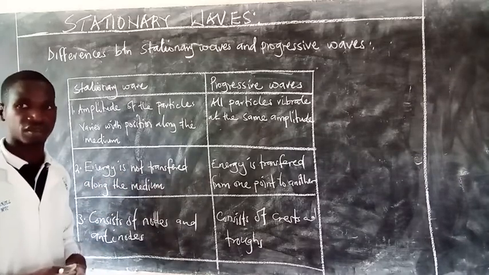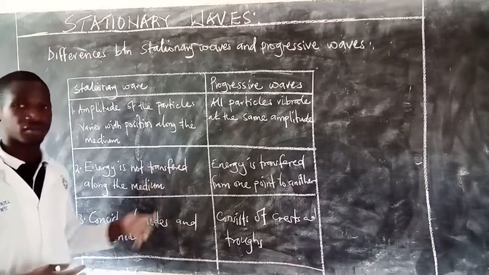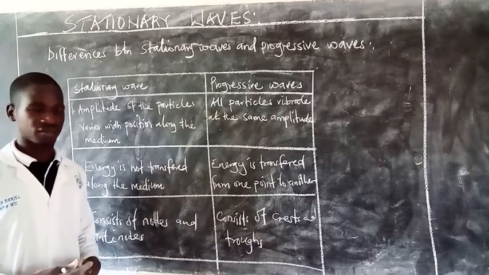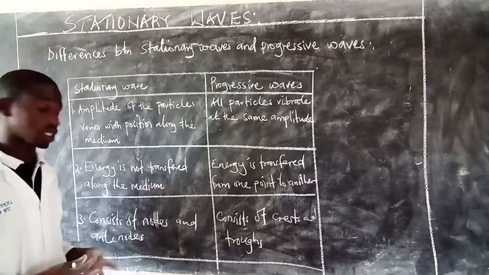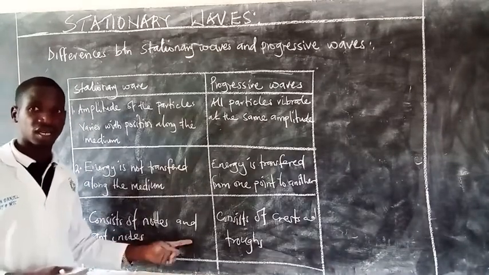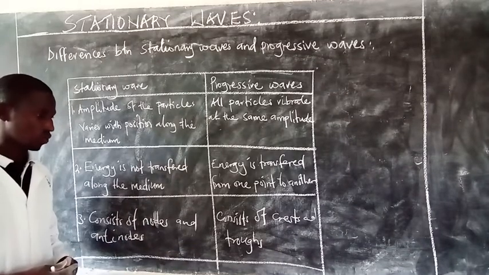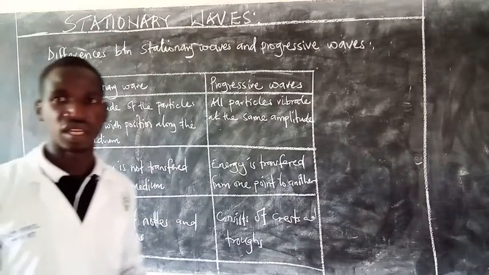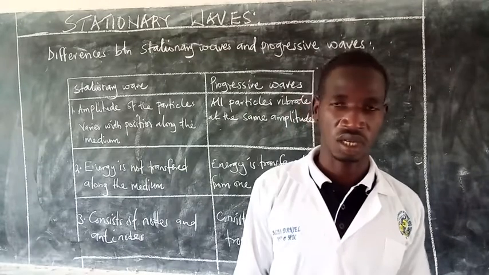That is under stationary wave. Energy is not transferred from one point to another in the medium, while the reverse is true on progressive wave. The last leg is their characteristics: a stationary wave consists of nodes and antinodes, and here it consists of crests and troughs. So those are the differences between progressive waves and stationary waves.